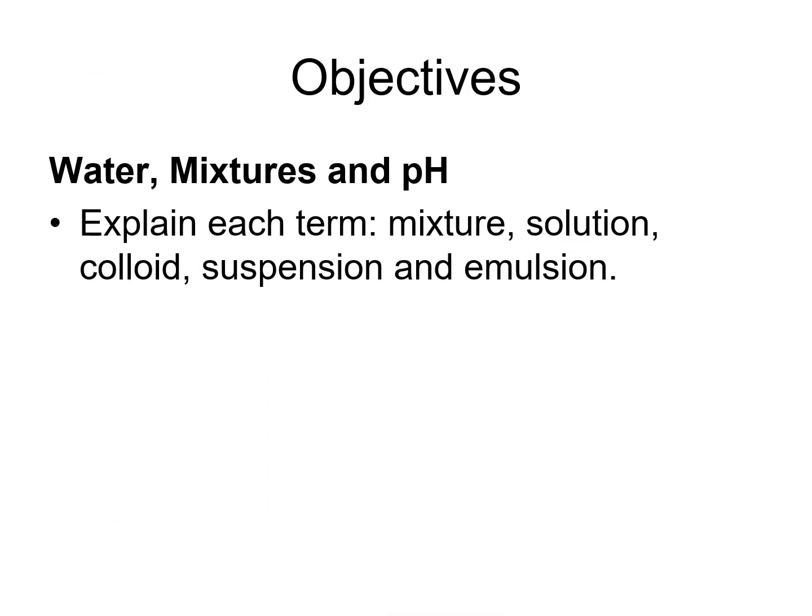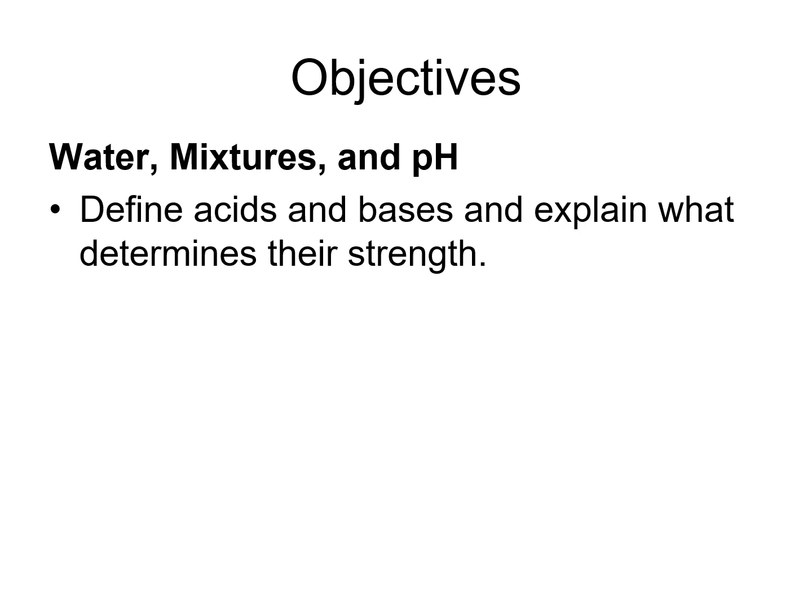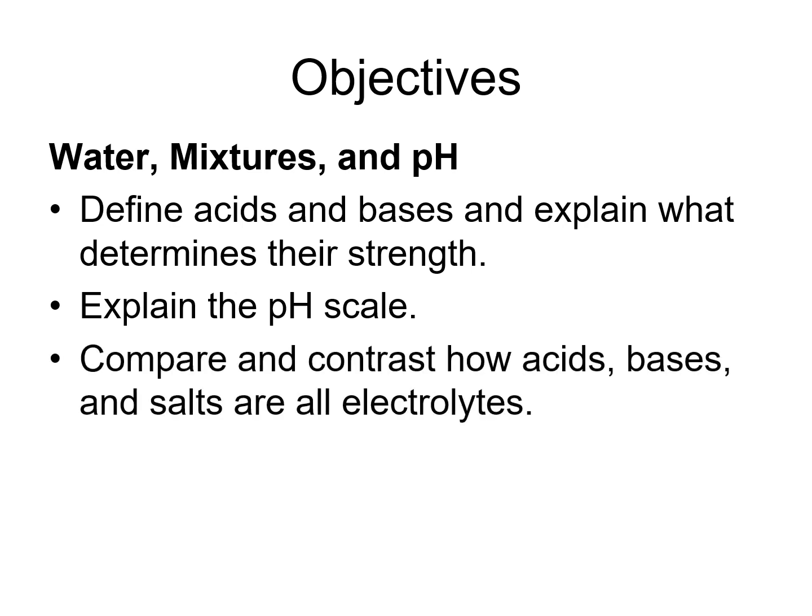Now let's review the learning objectives of the screencast. Explain each term: mixture, solution, colloid, suspension, and emulsion. For pH, define acids and bases and explain what determines their strength. Explain the pH scale.